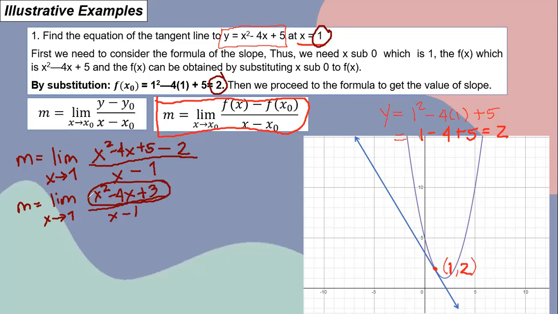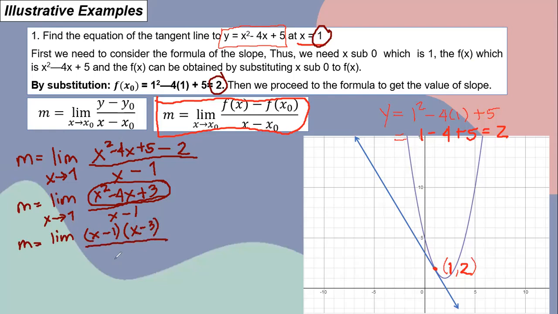We can factor this out. So m is equal to the limit of x minus 1 times x minus 3.